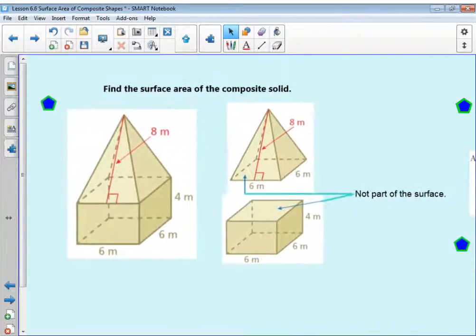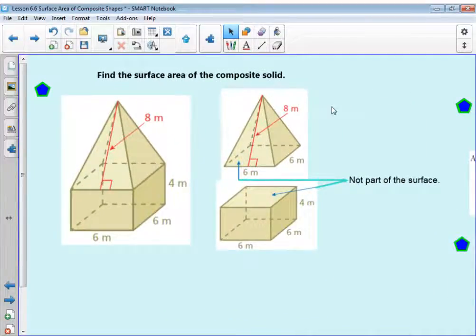Okay, so here's one that's a little more advanced. Maybe it's like a house with a really high roof. When I broke it apart, we have a pyramid that has a square base, and a prism.